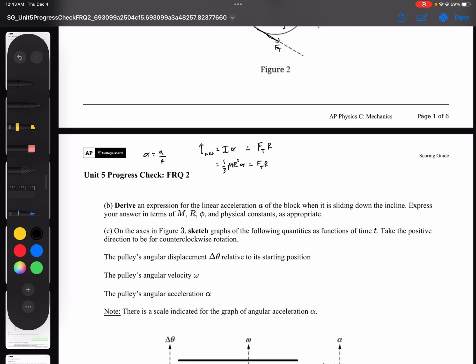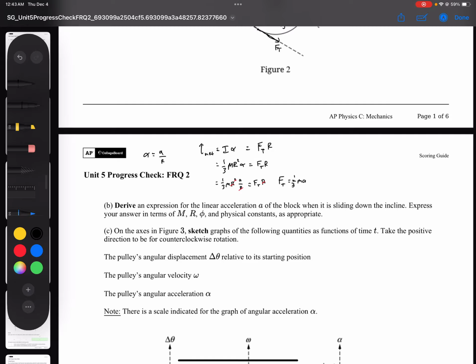That's going to be the relationship because a equals alpha times R, so alpha equals a over R. So I have 1/3 mR squared times a over R, and that equals F of t times R. One of the R's cancels from here, here, and here, and then these R's cancel. And then basically what I have here is that the tension force has to equal 1/3 ma.